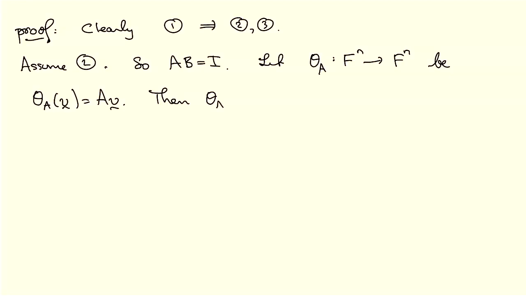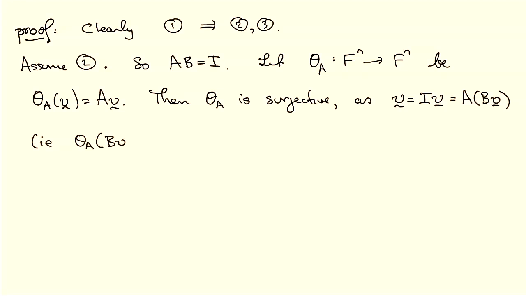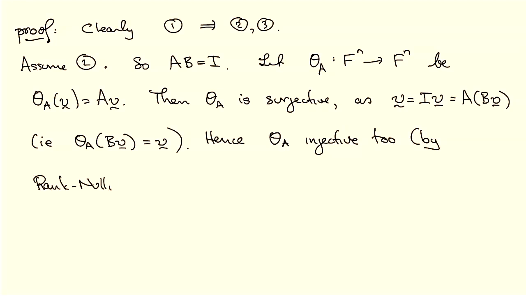So then theta of A is surjective, and that's because if I have a V, anything in the codomain, is I times V, but that's A times some other thing, BV, i.e. theta A of BV is V. So I'm certainly surjective, and hence injective, by rank nullity. So it's invertible.